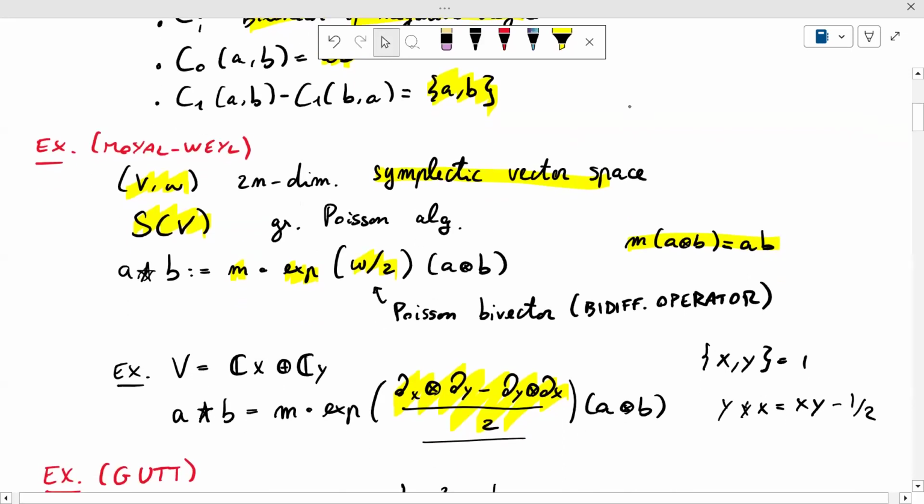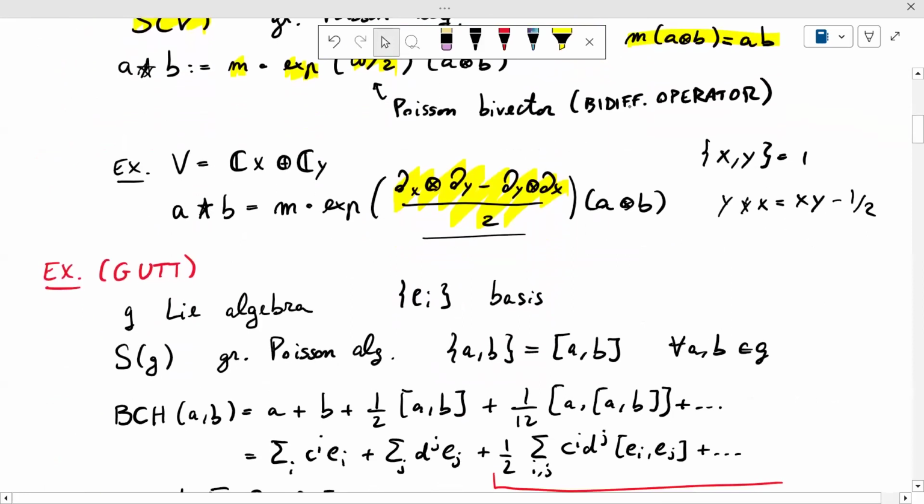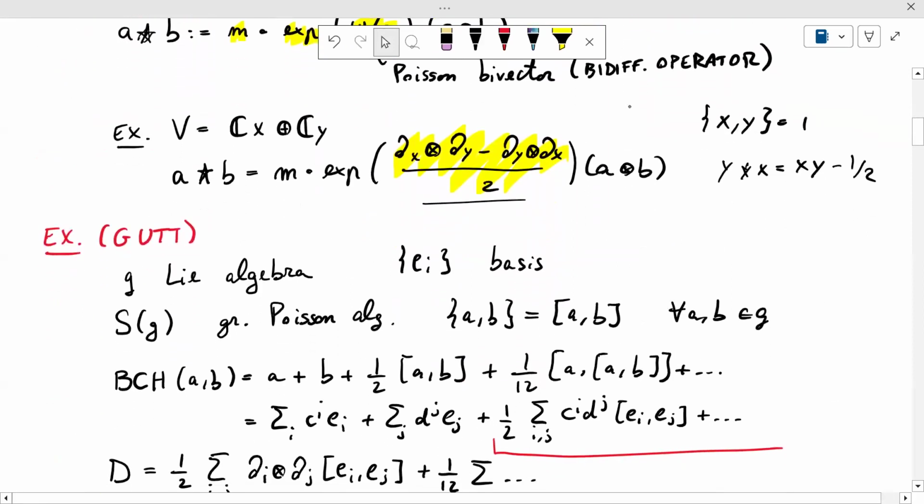Okay. The other example connected to Lie algebra is the Gutt star product. So we start here with a Lie algebra G, and we take as Poisson algebra the symmetric algebra on G, which again is a Poisson algebra with the Poisson bracket given by the Lie bracket and then extended by Leibniz.